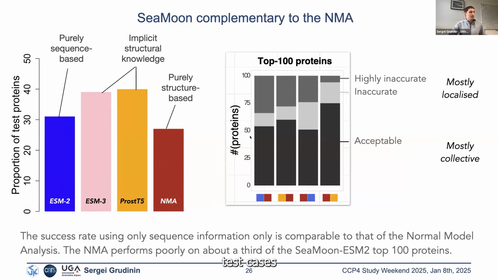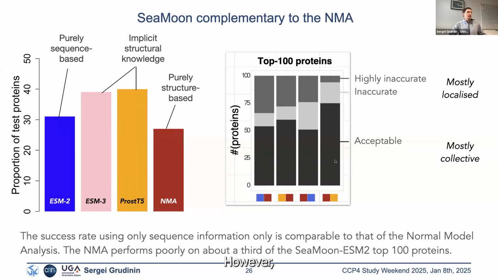So test cases that are predicted well by ESM2 are not always predicted well by the NMA. Only 50% can be predicted by the NMA, and vice versa. If we predict something well with the NMA, then ESM2 does not predict it well.